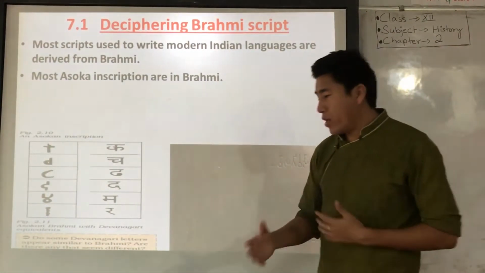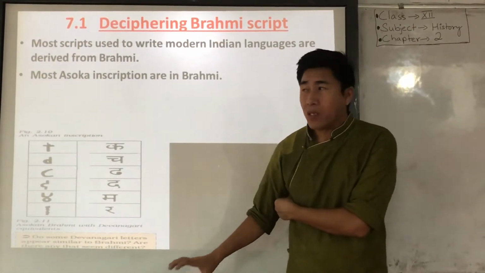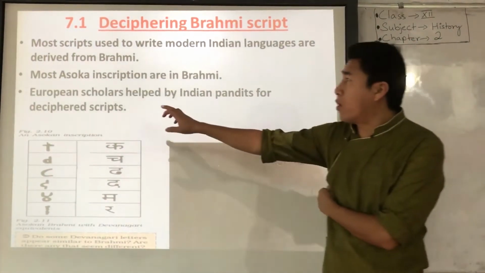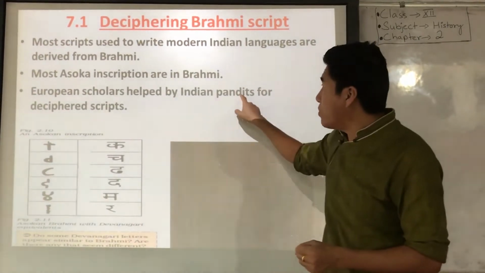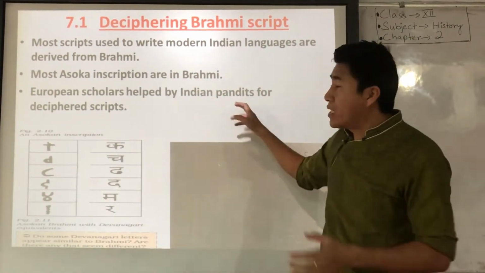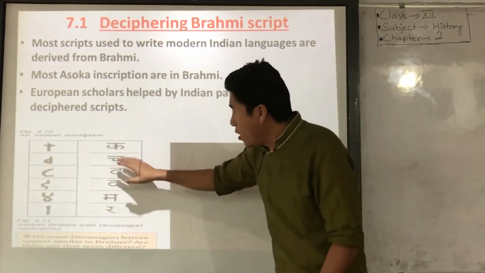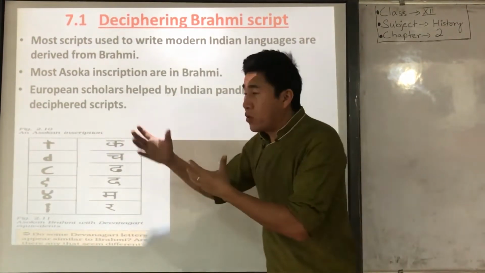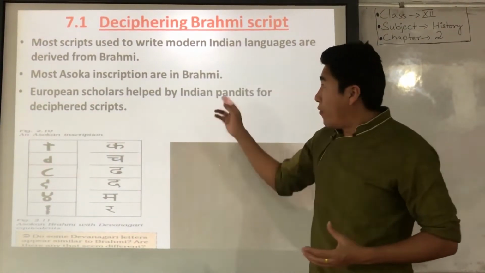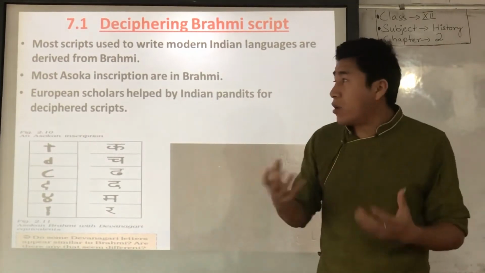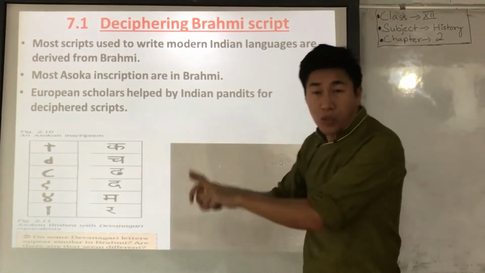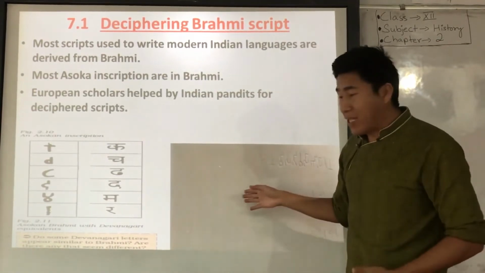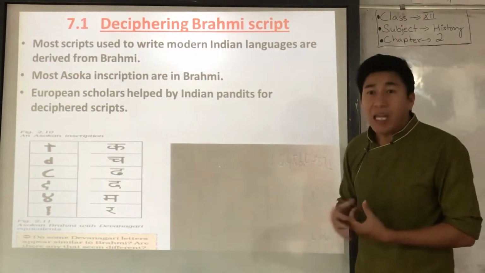Now, how were historians able to decipher Brahmi script? European scholars were helped by Indian Pandits, who taught the European scholars about the Devanagari script and the Brahmi script. When the European scholars mastered these scripts, they compared the two, and then they finally deciphered the ancient script.